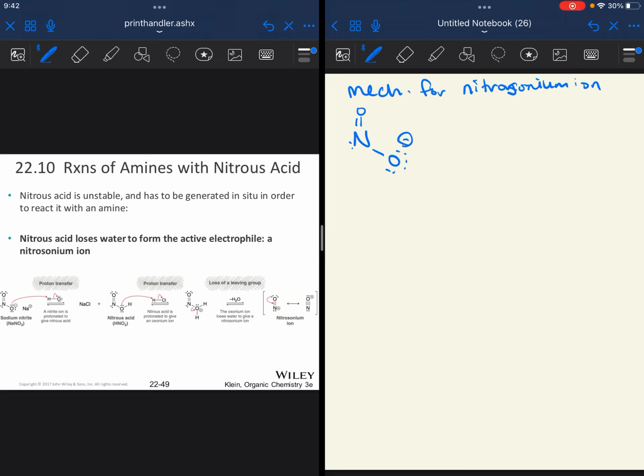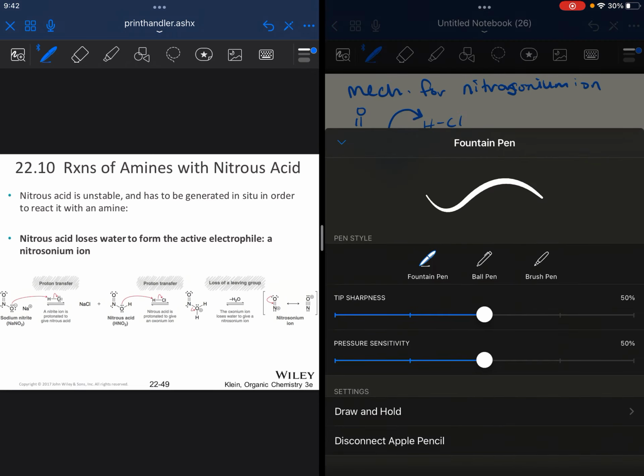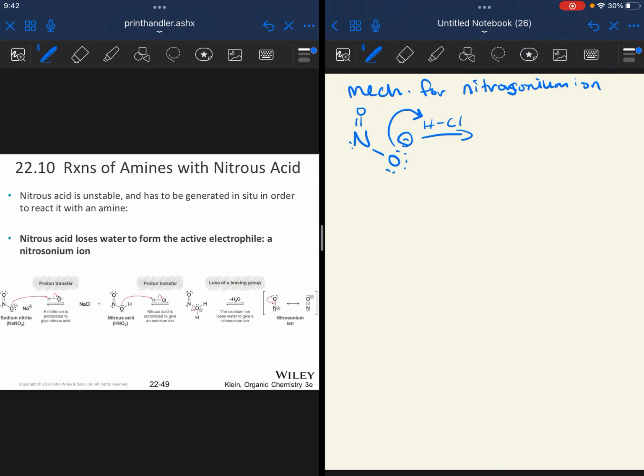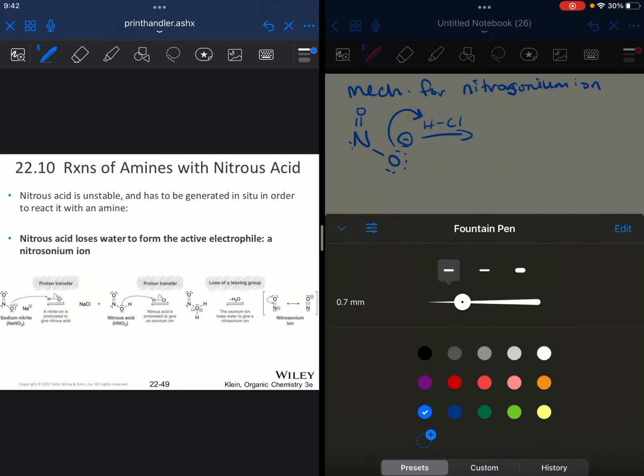So even though this mechanism altogether is quite long, it's mostly proton transfers and trying to kick off oxygen. So we're going to use our HCl, and we are going to grab that proton. Not change the color. Let's not worry about that.